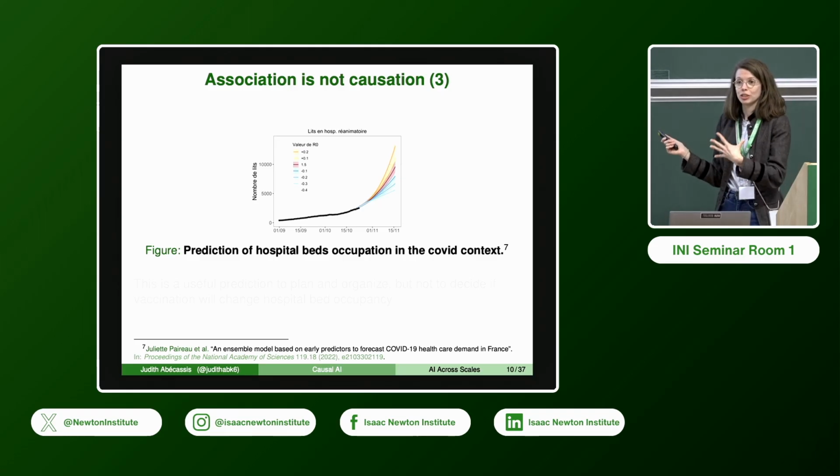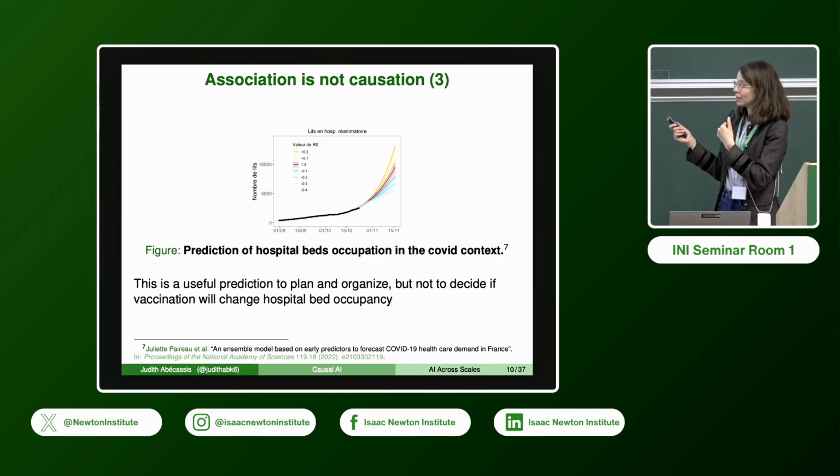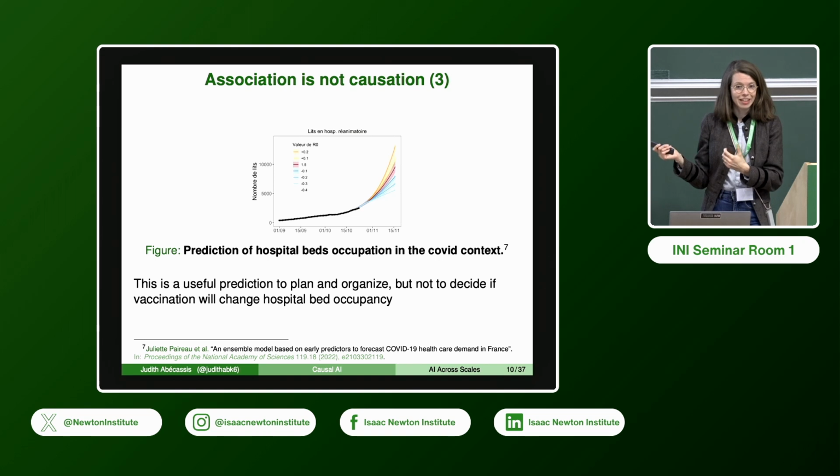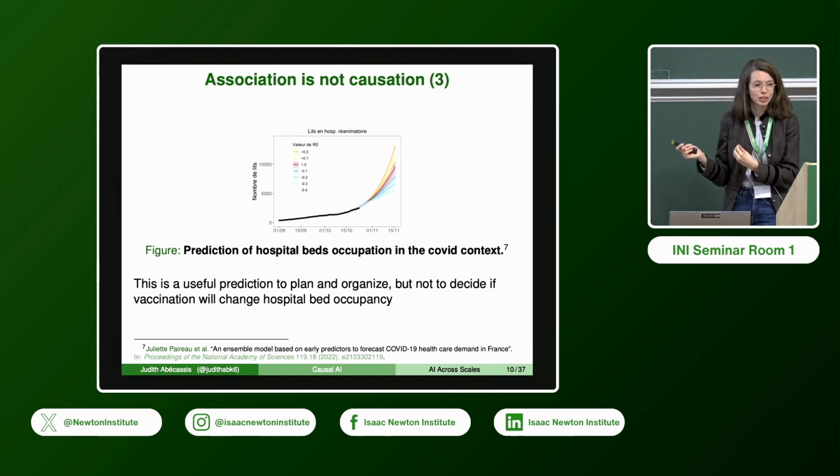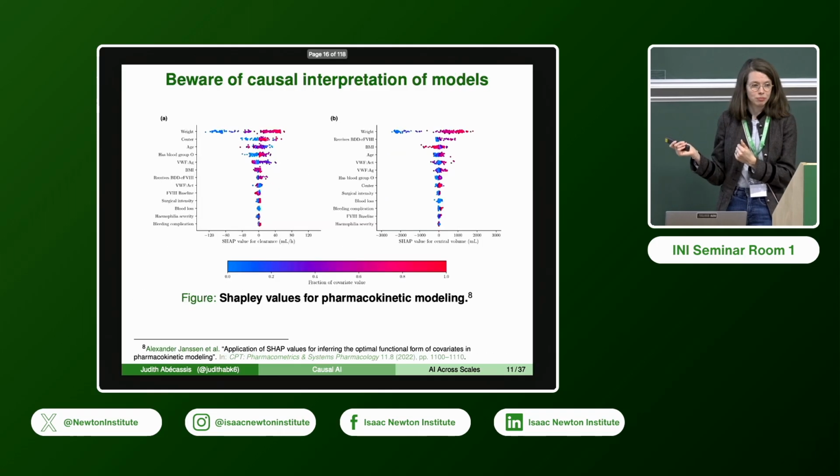What you shouldn't do is try to then assess what would change if you would change one of the parameters. Then you are slipping to causation and to causality, and we are going to see when and how you can do it.